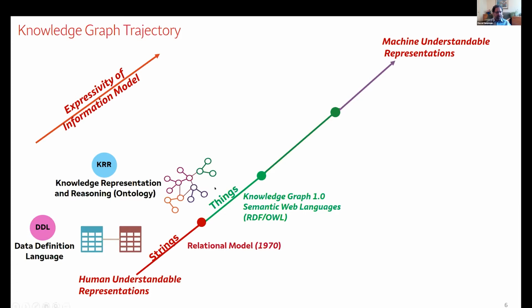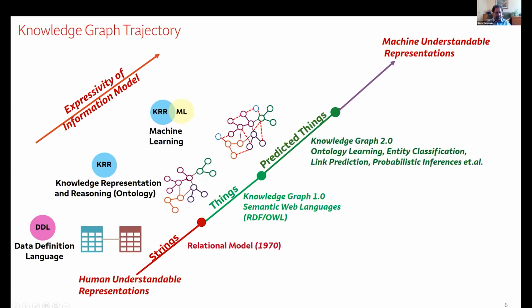As we move further into the 21st century, with the advent of knowledge graphs, we'll call it knowledge graph 1.0, with the creation of the semantic web language stack, which is a global standard. We could call this an aspect of knowledge representation and reasoning. Again, we have concepts represented as nodes and relationships to other concepts represented as edges.